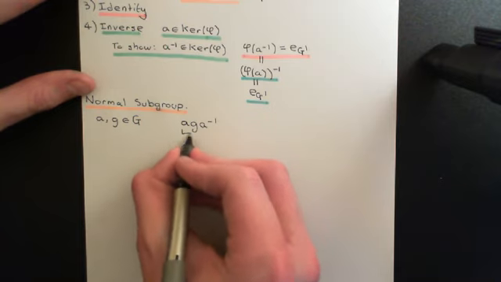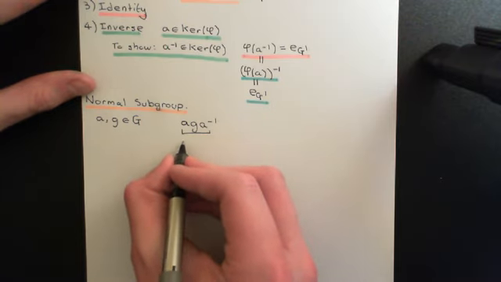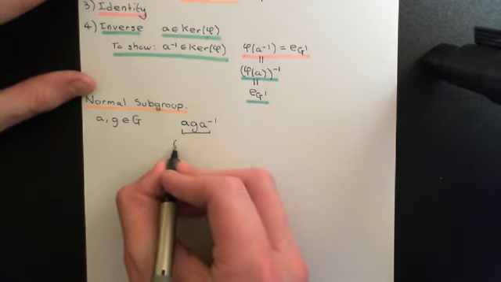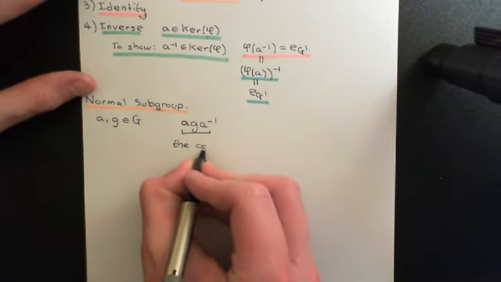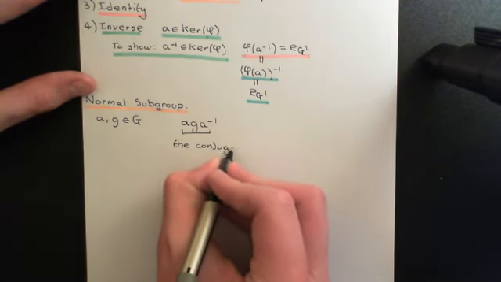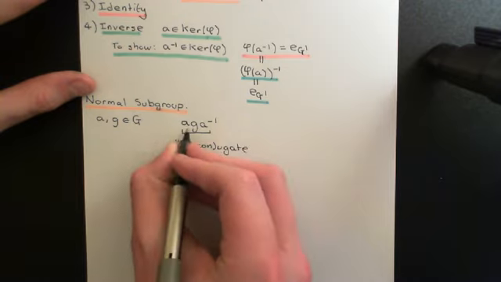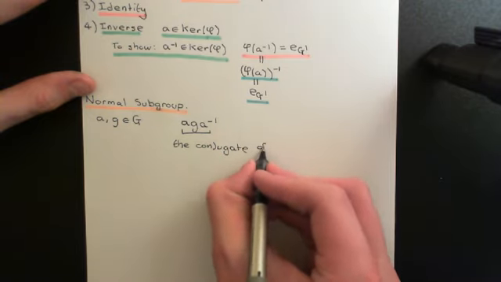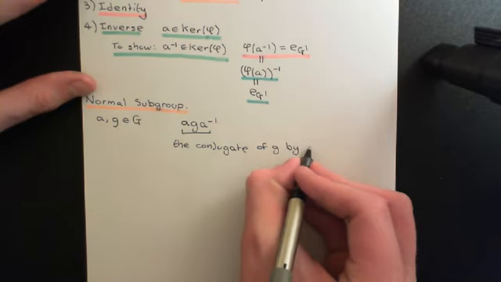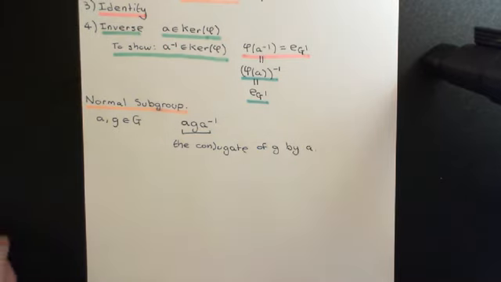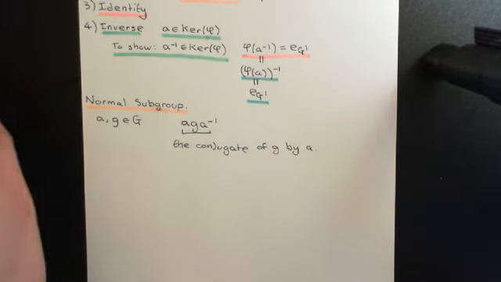Okay, so this is what we mean when we say the conjugate of g by a. Okay, so when people talk about conjugating one element of the group by another element of the group, this is what they mean. The conjugate of g by a, and I'm aware that this is a brand new concept, so we will explore this in a bit more detail.